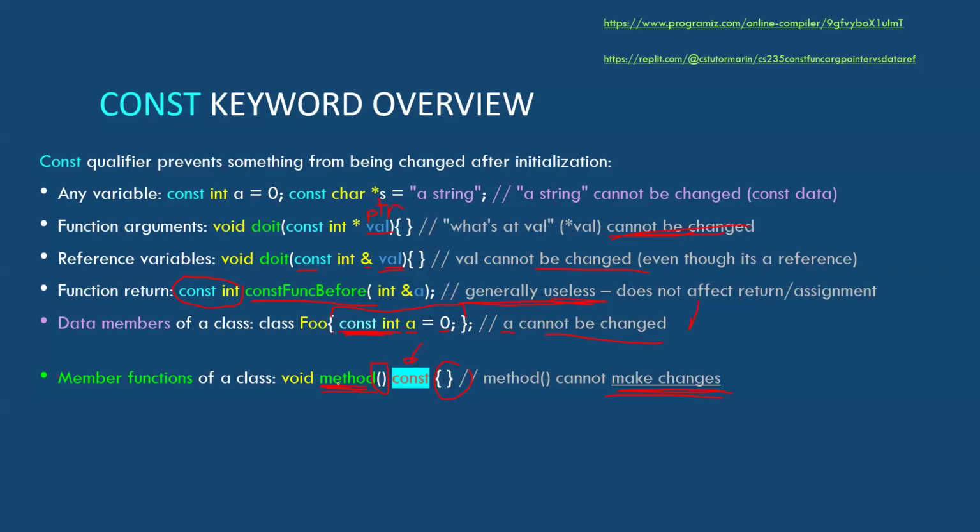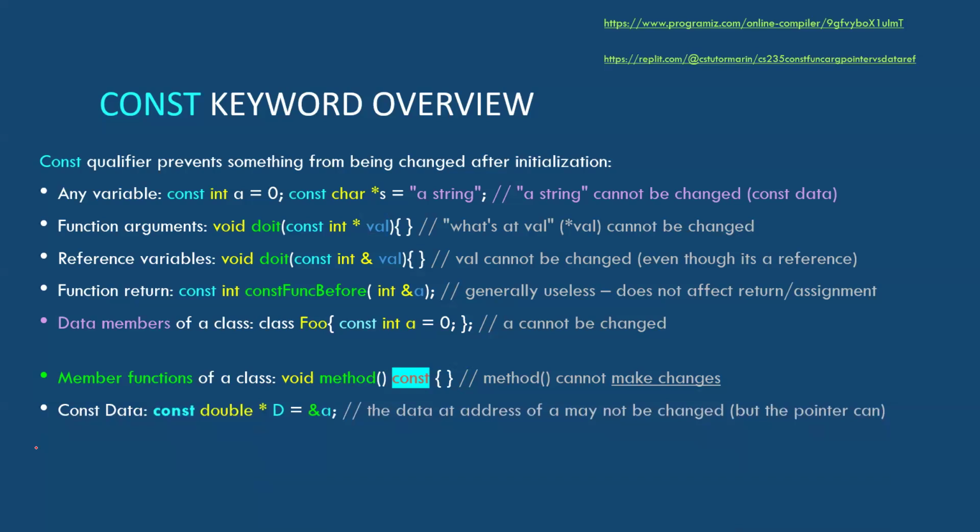So that means the whole method has been put in the penalty box. You may not do anything inside that method that changes the class data members. But you got to put the const there, not over here, right? It's got to be over on that side. So that is a true const method, right?